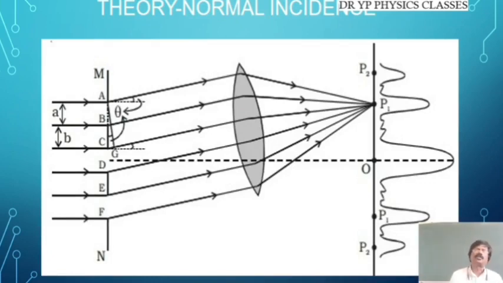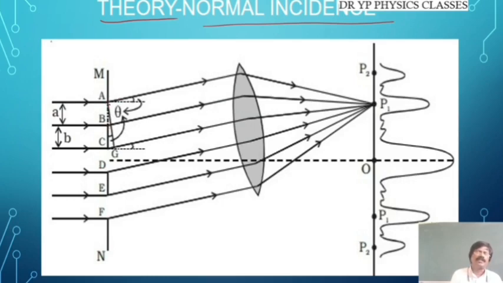This is the basic idea in designing the transmission grating. Here, we have to take the normal incidence theory, because this is the common theory which is going to be asked in the examination. Let MN be the plane of the grating, and A, B, C, D, E, F are the lines drawn.